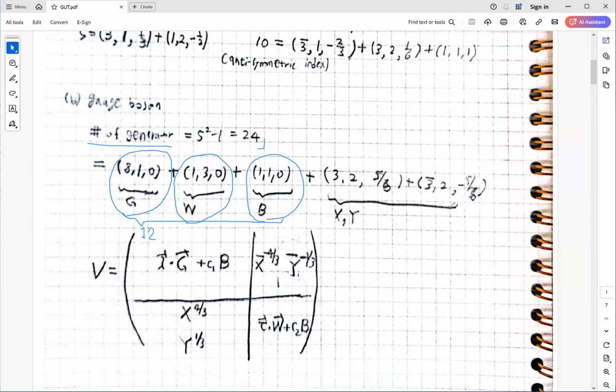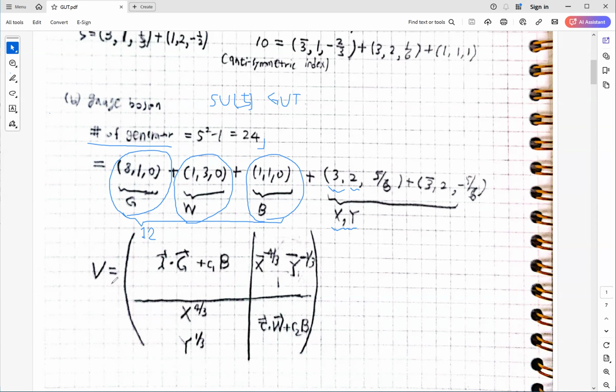So there should be an additional 12 gauge bosons for the SU(5) GUT. Such 12 gauge bosons are denoted by X and Y, which are simultaneously represented by the 3 of SU(3) and the 2 of SU(2).